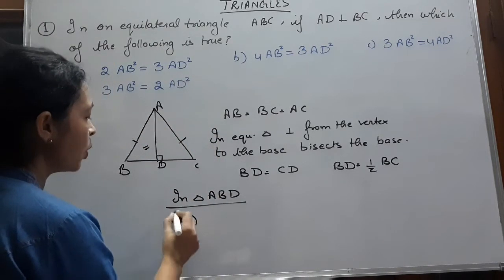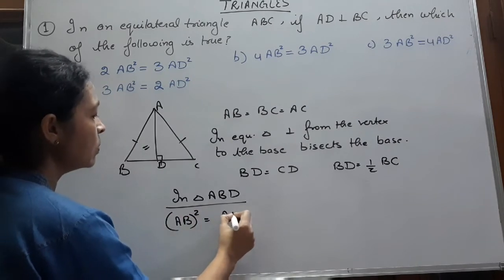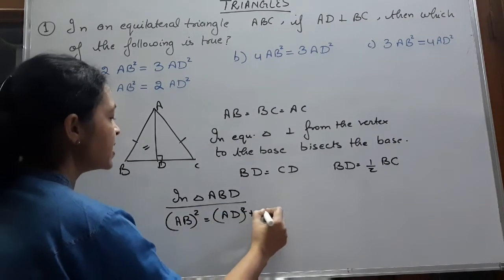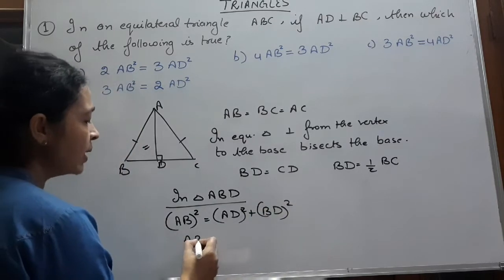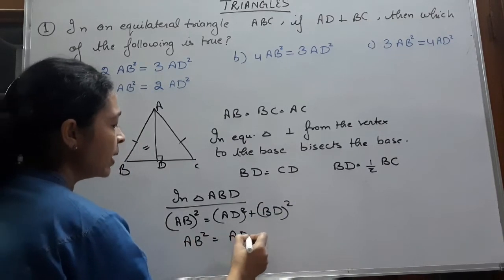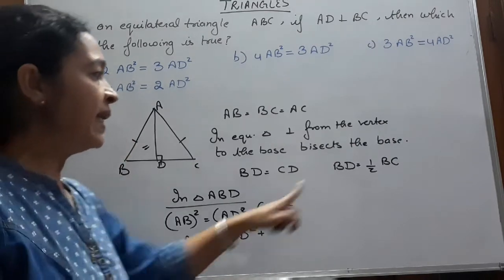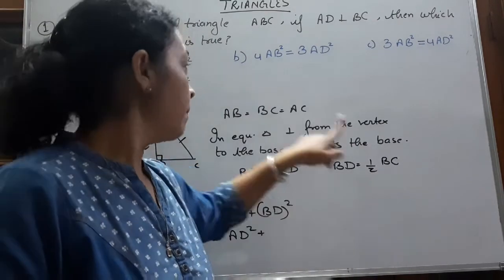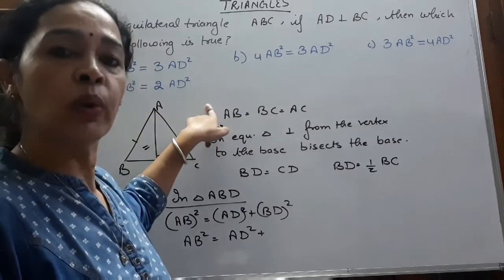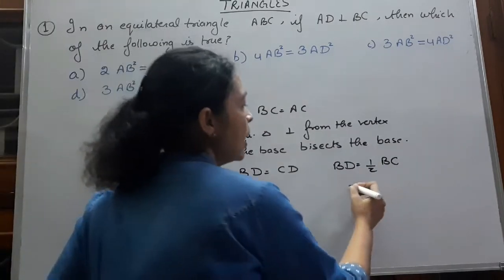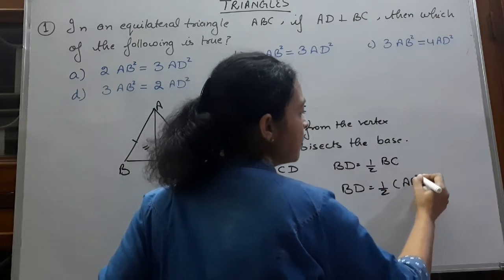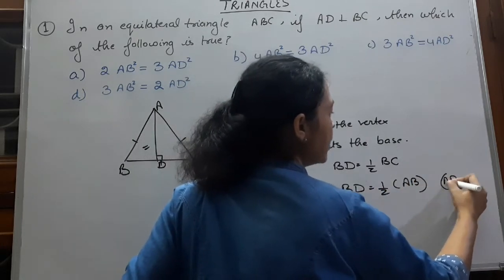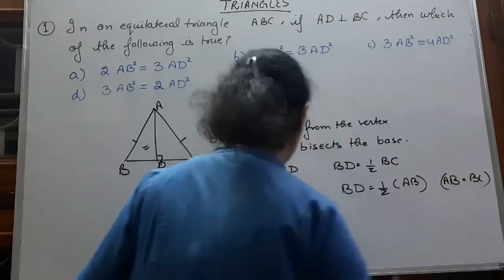So in this triangle, hypotenuse is AB: AB square equals AD square plus BD square. Clear? What is BD? Half of BC. But BC is also equal to AB. So BD can also be written as half of AB because AB equals BC.